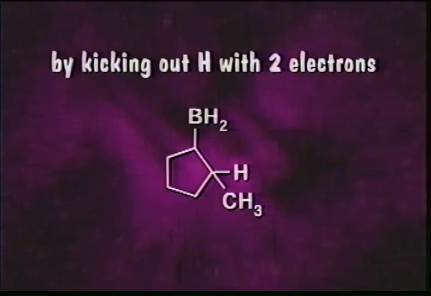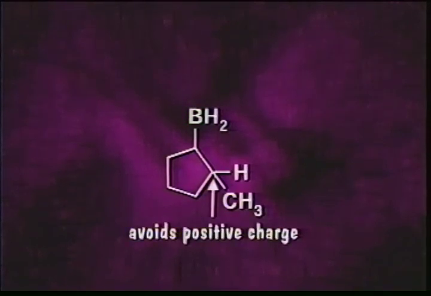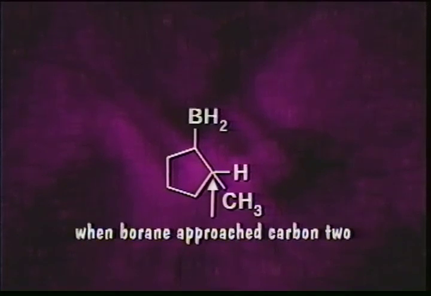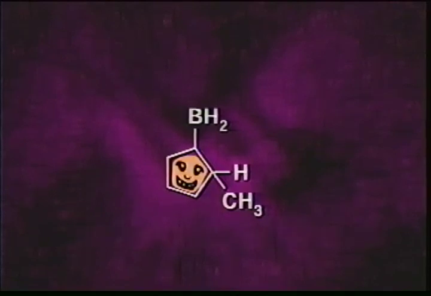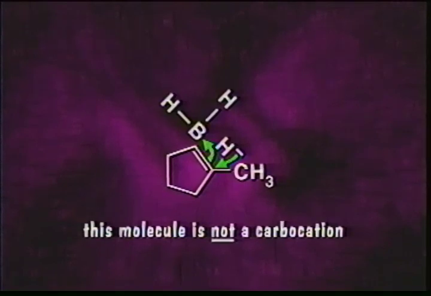So, by kicking out hydrogen with 2 electrons, boron avoids the huge negative charge that had threatened to build up on it. And carbon-1 is able to avoid the positive charge that had threatened to build up on it when borane approached carbon-2. And they lived happily ever after and ran off into the sunset. That's why this molecule is not a carbocation.